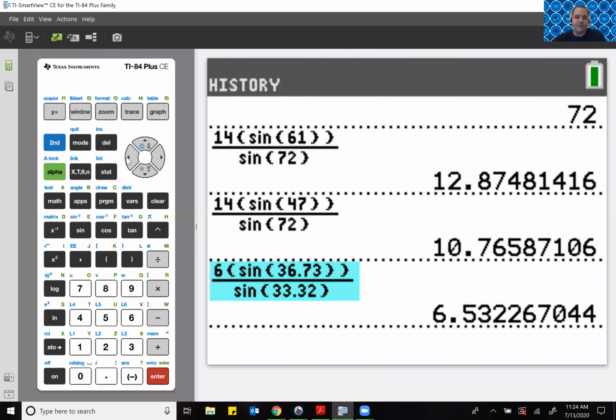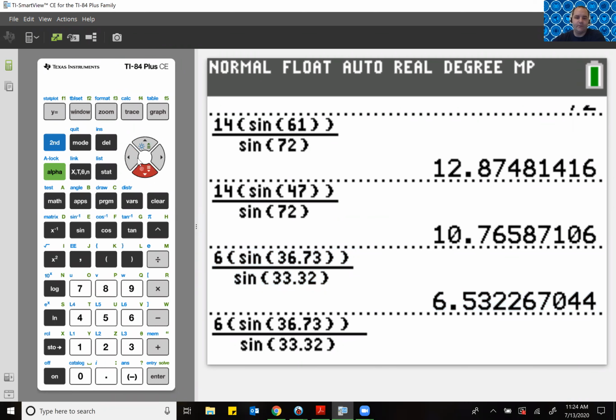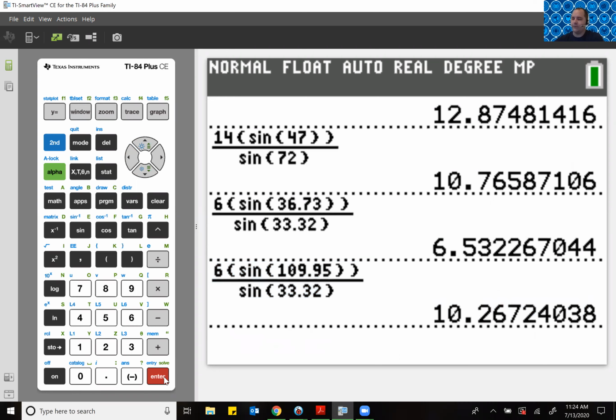So all I got to do is change this top value to 109.95 and close, close. There we go. Enter. So little a is 10 miles.